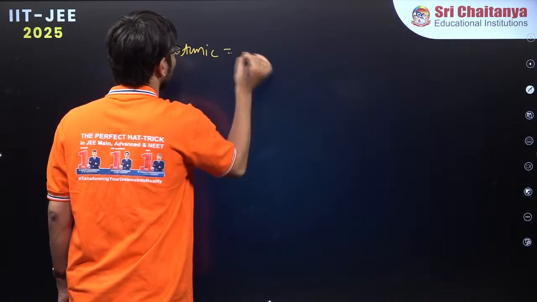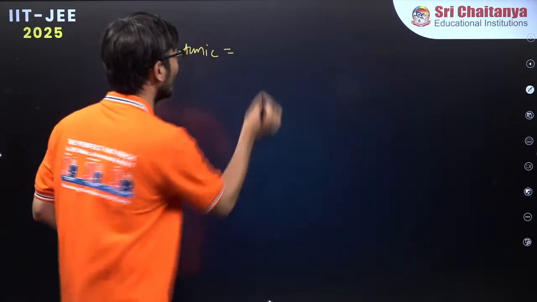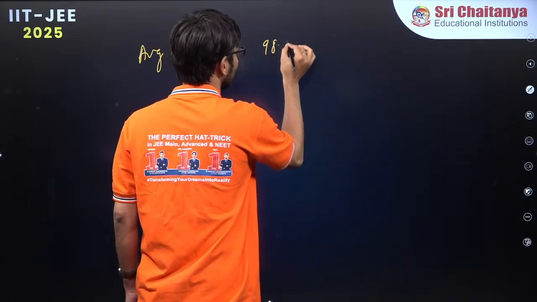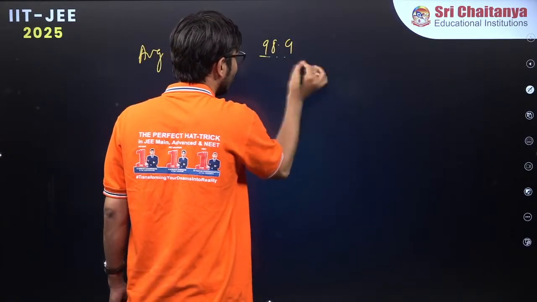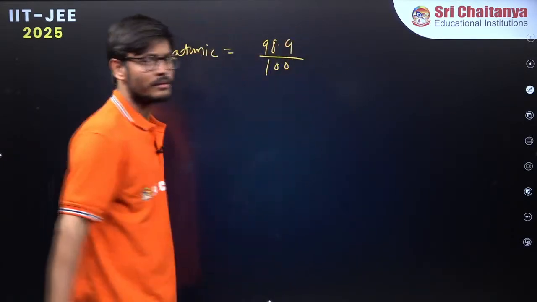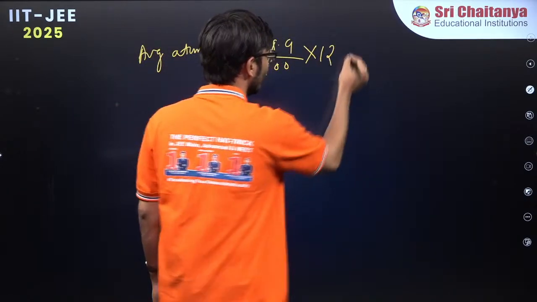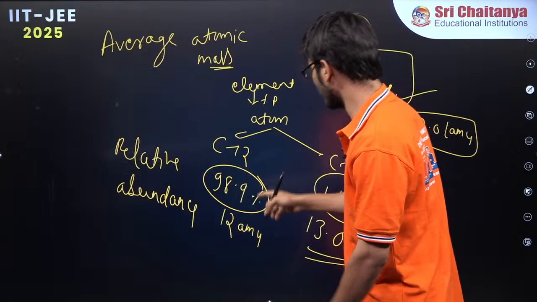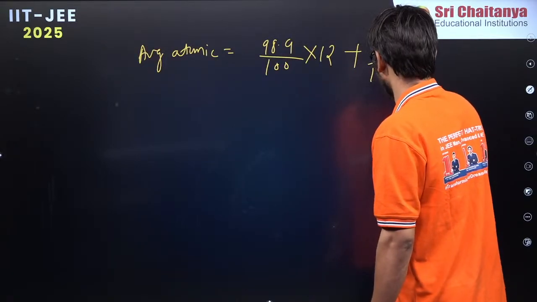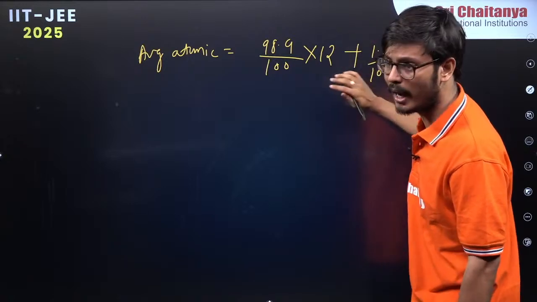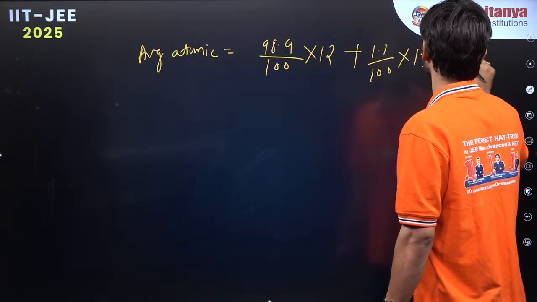So what is average atomic mass? The abundance of carbon 12 is 98.9, so 98.9 divided by 100, multiplied by the mass, which is 12. Plus the abundance of carbon 13, 1.1 divided by 100, multiplied by 13.00335.